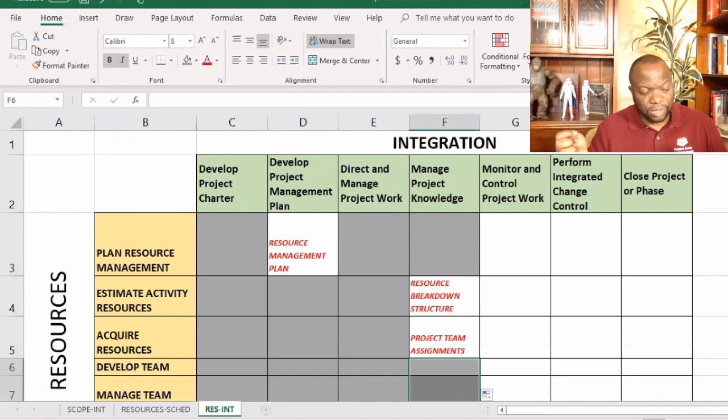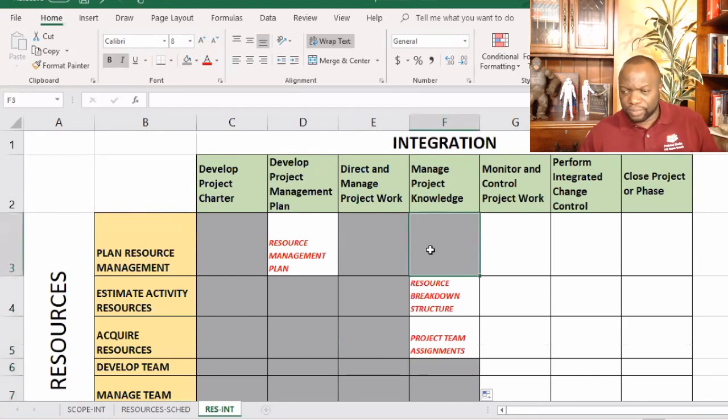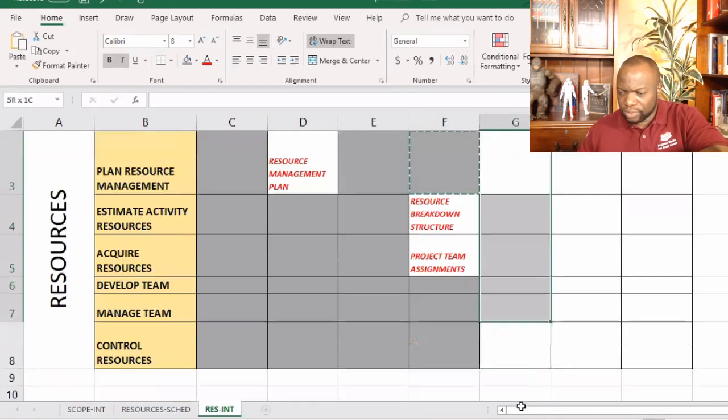So that is not pertaining directly to resources. So we're going to leave BOE alone. We're not going to make any mapping there. And taking a look down all the other inputs, there really is no other input from resource management. So let's put some gray blocks in here.